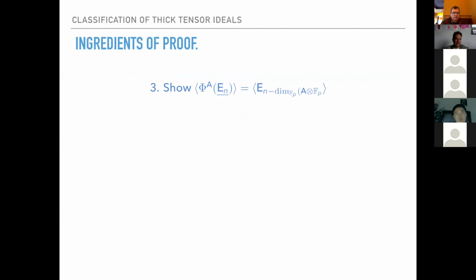In particular, if this p-rank of A is greater than n, then in fact the geometric fixed points vanish, and that shows up in this derived induction theory result.